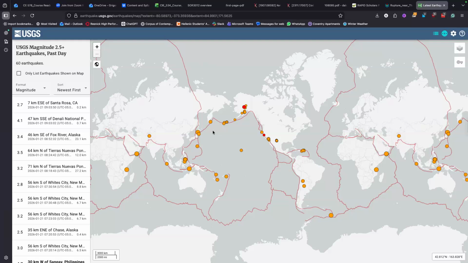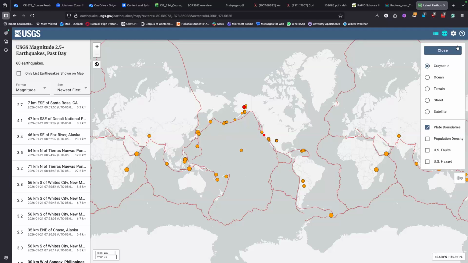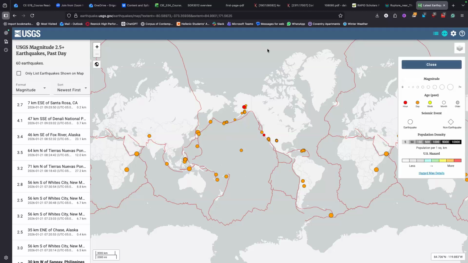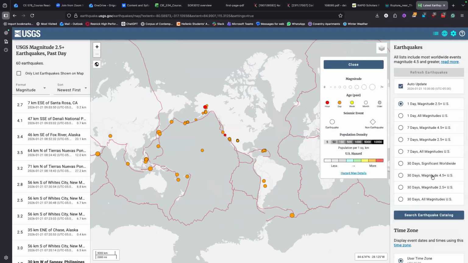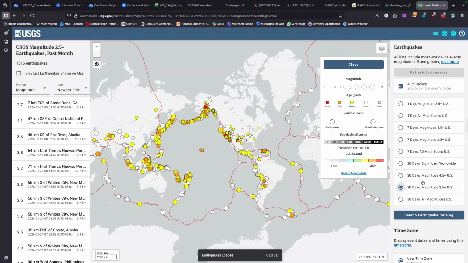So these are the magnitude 2.5 earthquakes that happened within the last 24 hours. And we can also see the earthquakes that are magnitude 2.5 and above that happened within the last 30 days.